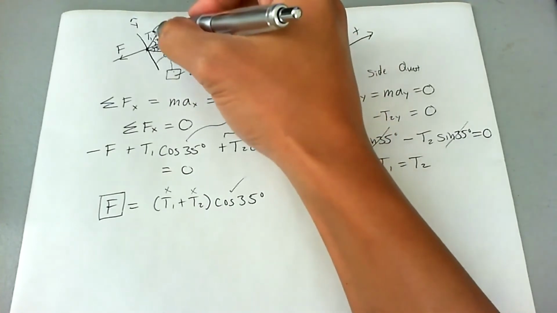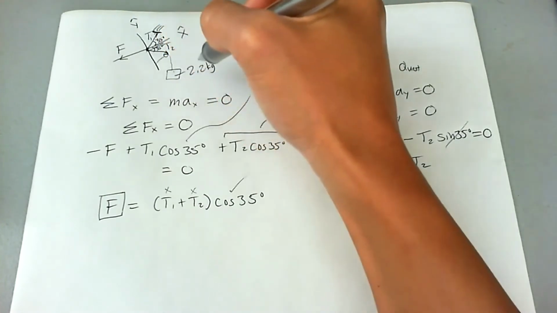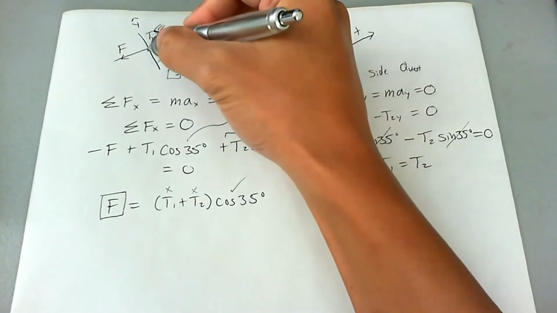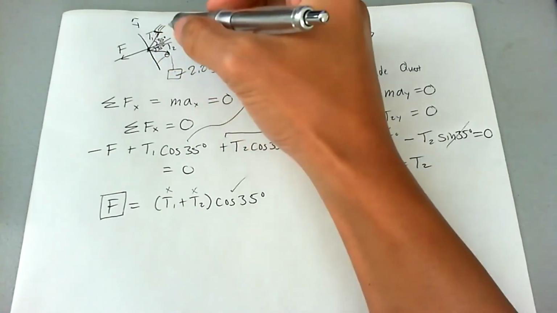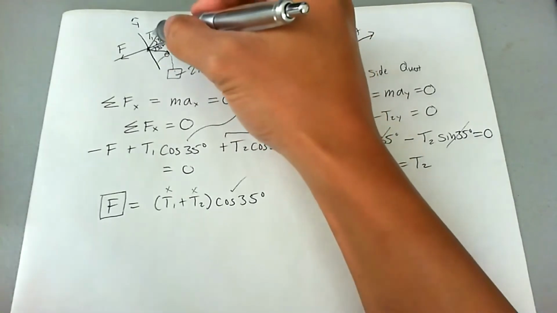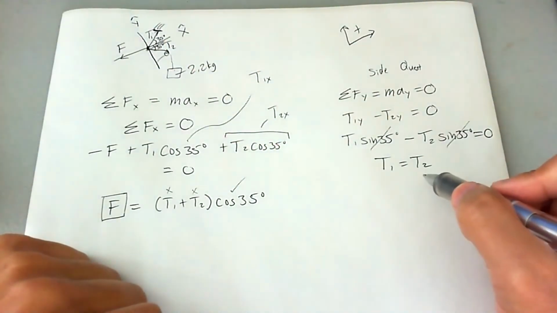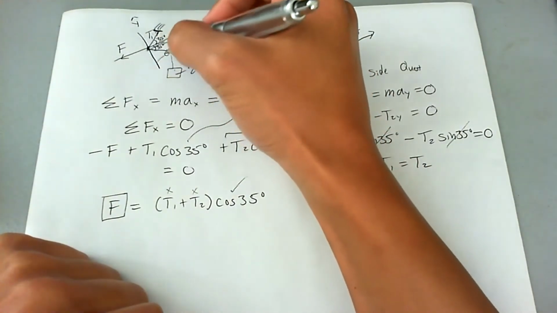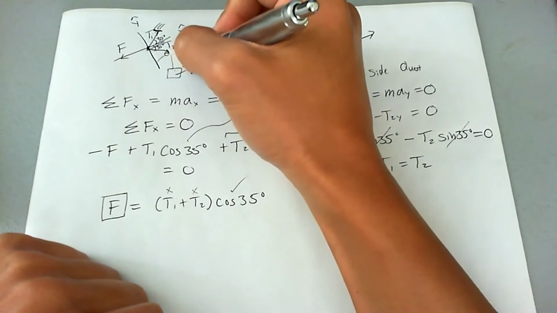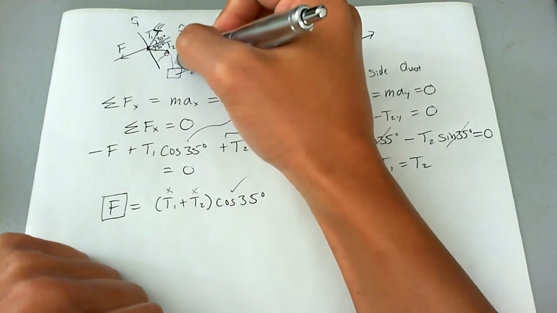So basically, this mass under the influence of gravity is pulling on this rope, and these two ropes are connected right here. So in that case, T1 should equal T2 as expected, and it should also equal the weight of this block hanging off of the pulley.